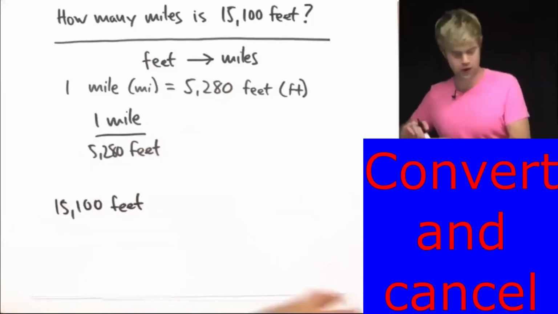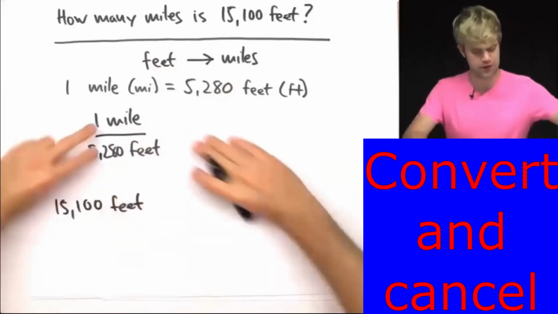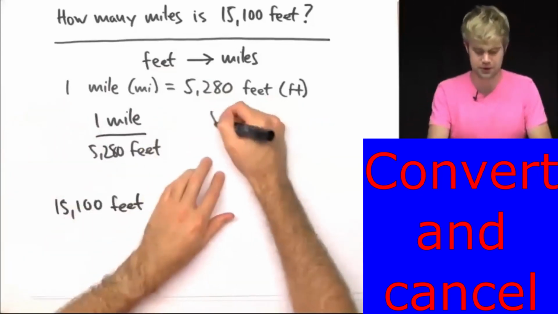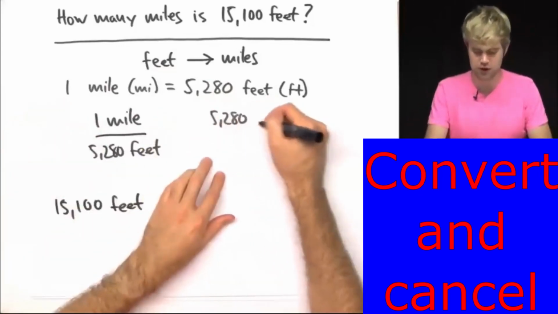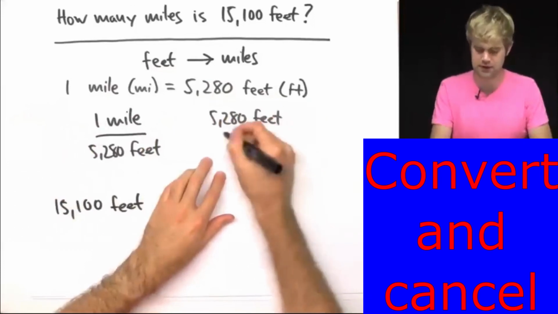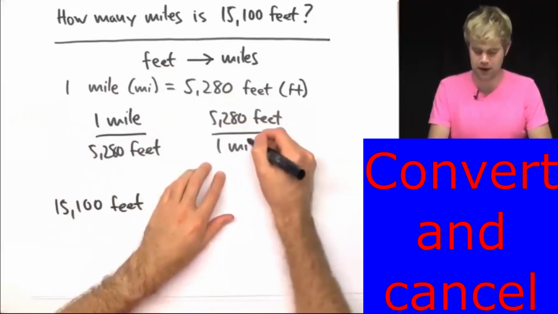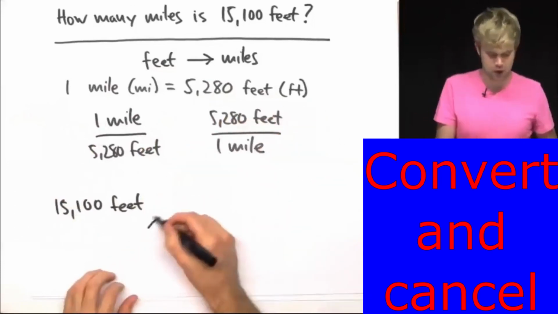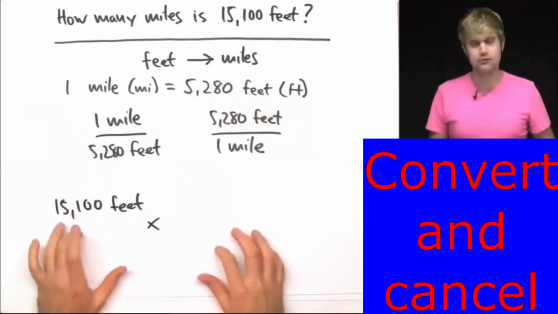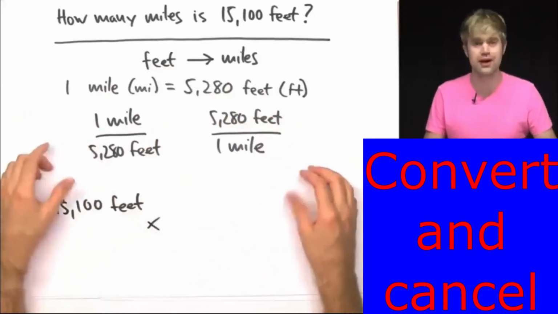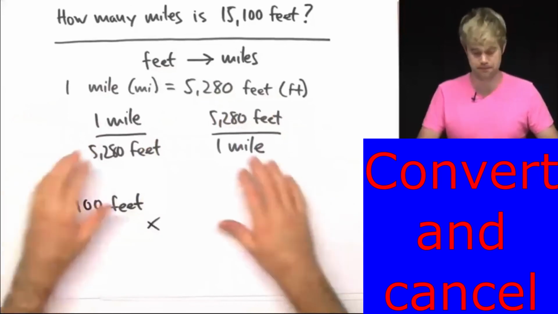And now I'll write what we could call the reciprocal of this, where we take it and we flip it up. So the 5,280 feet is on the top and 1 mile is on the bottom. We're going to be multiplying our measurement in feet by one of these two conversion factors. Which one is it going to be?